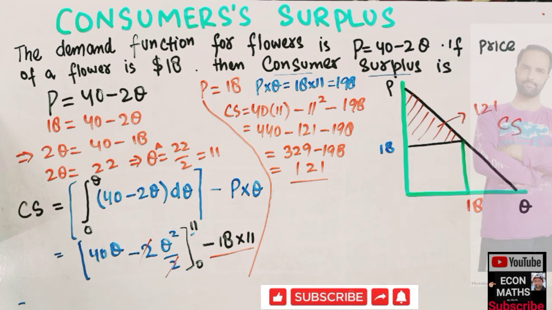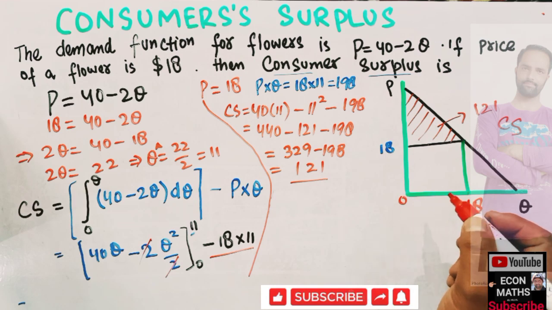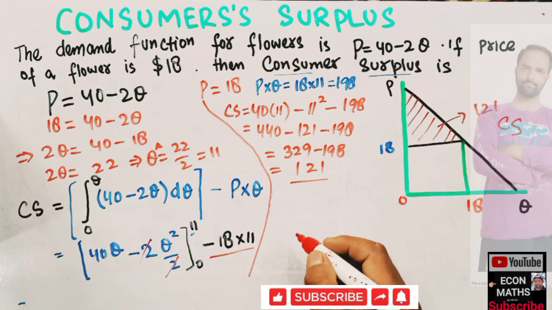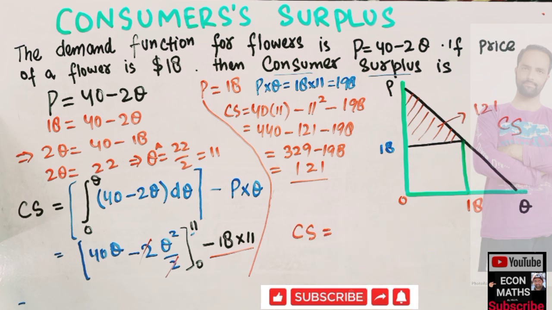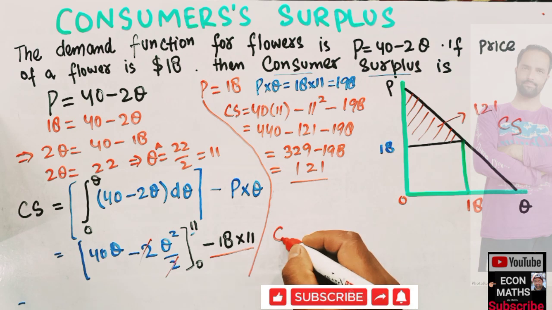You can also calculate it graphically. Consumer surplus is the area of this triangle. How do we calculate it?